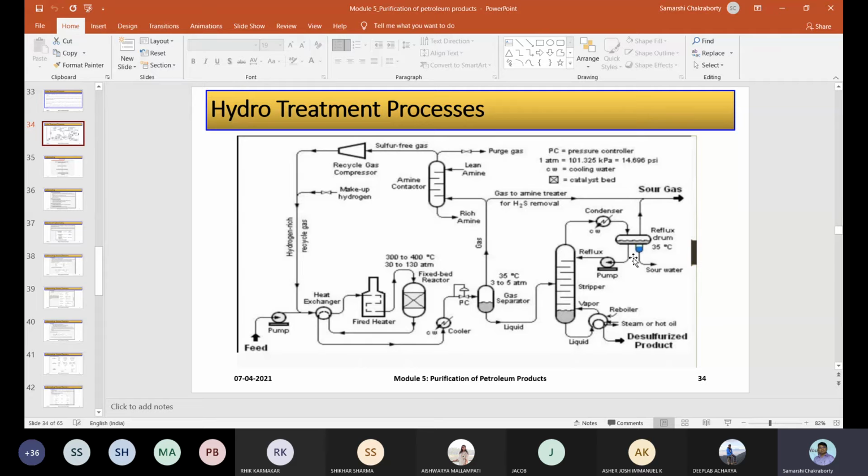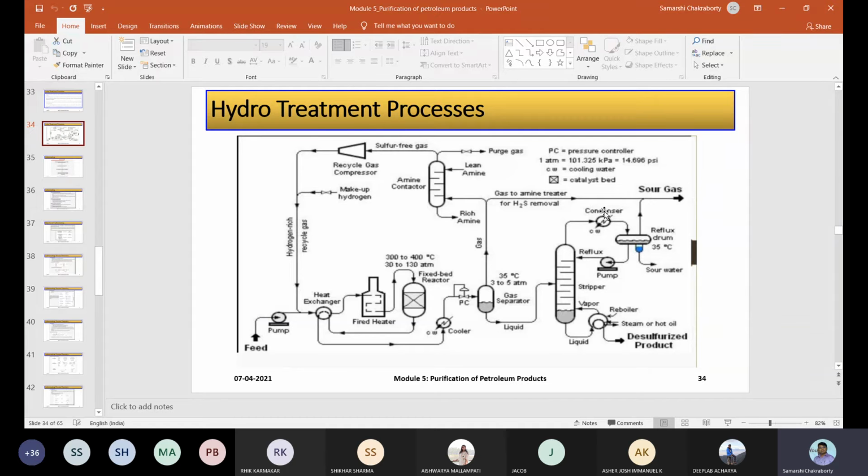So from the top your gases are going to come out. This gas may contain different types of hydrocarbons, starting with methane, ethane, propane, butane, and a little bit of H2S might also be present. All of this gas will be combined together, the gas coming from your gas separator and the gas coming as the top product of this stripper section.